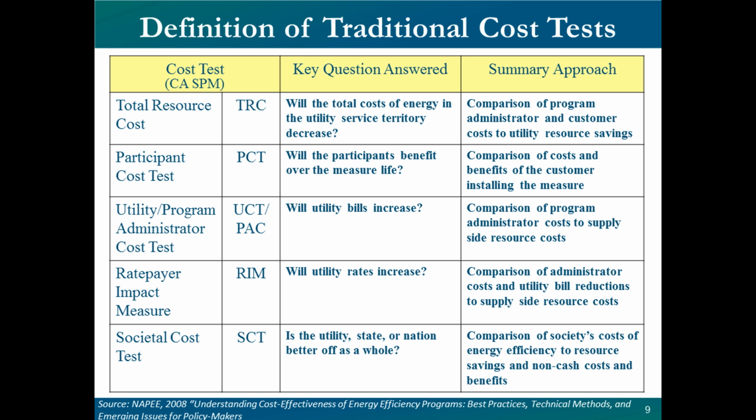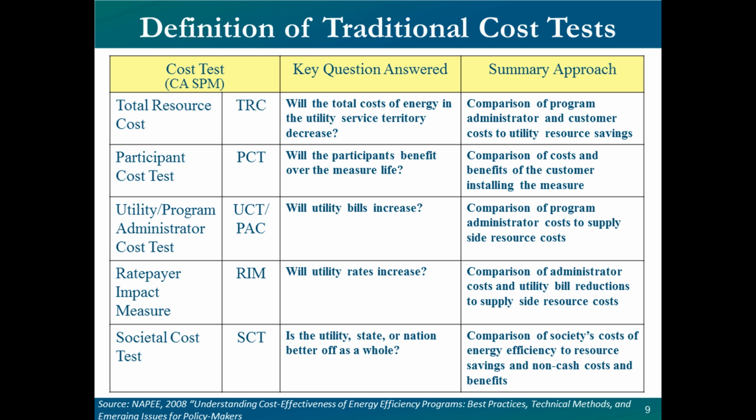Then the first area of complication is that cost effectiveness really drives the question, cost effective to whom? And there's a number of ways to look at this. In the standard practice manual, there are 5 different tests that are defined.